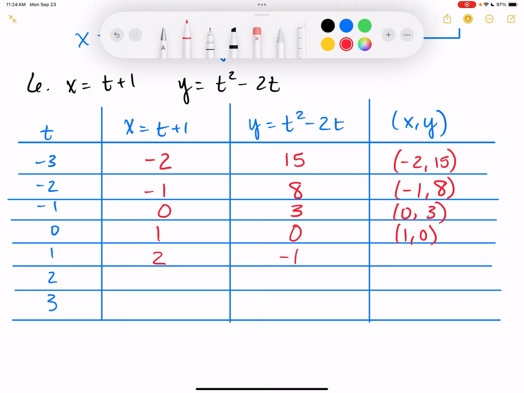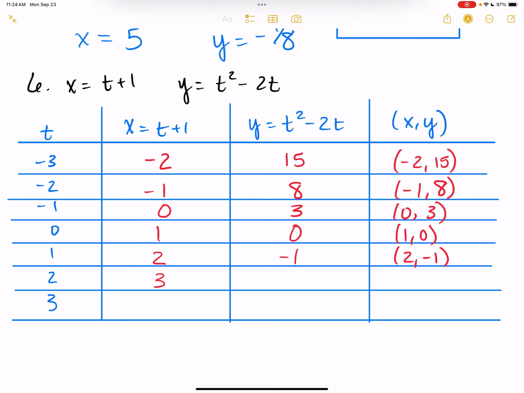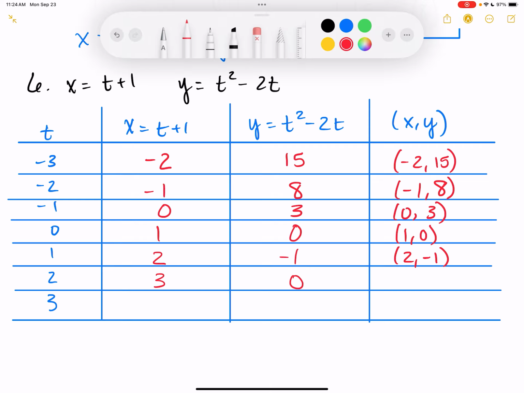So 2, -1. Plug in 2. The other one? Zero. So 3, 0. And the last one, 3. 4, 3. So that's all of part A.